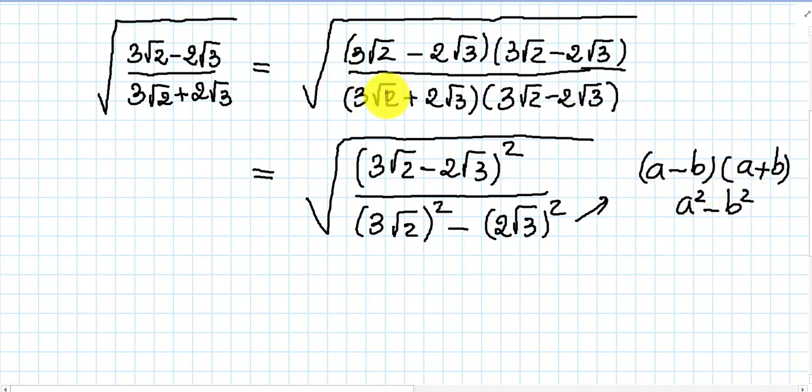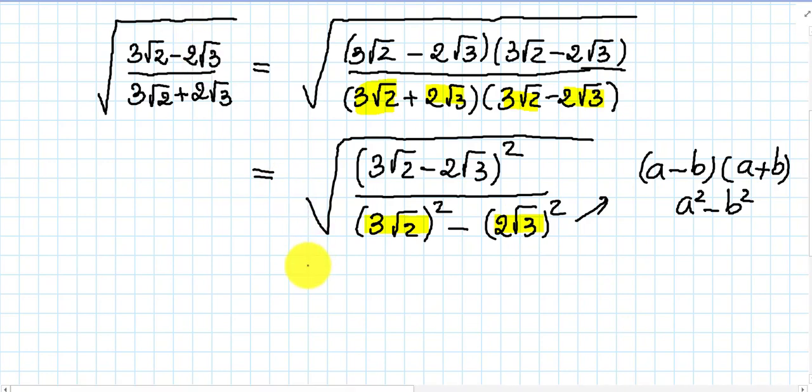So we take this as a and this as b. We have a plus b times a minus b, and we get a squared minus b squared.